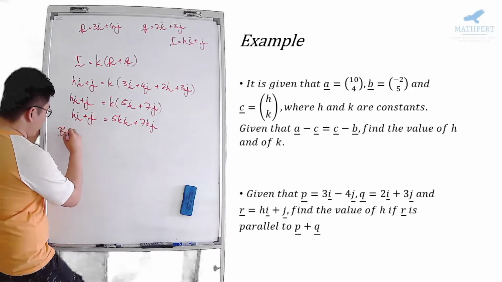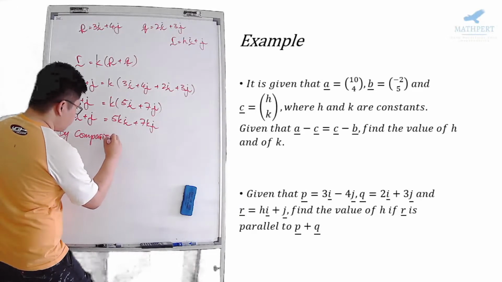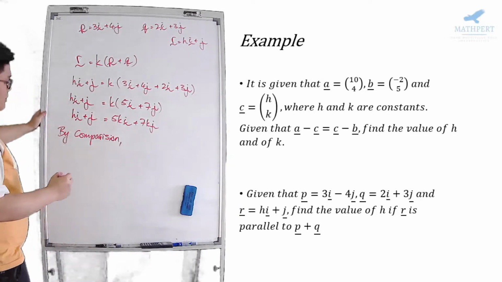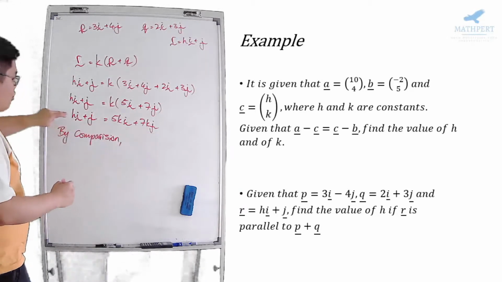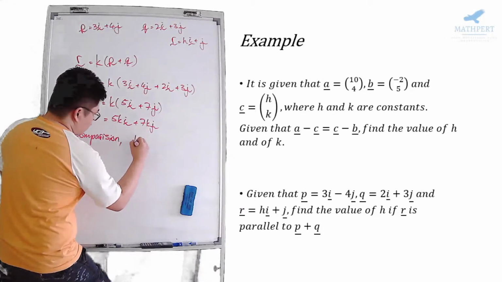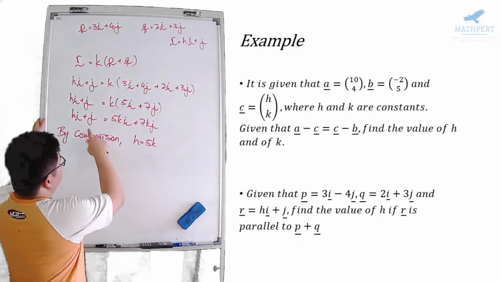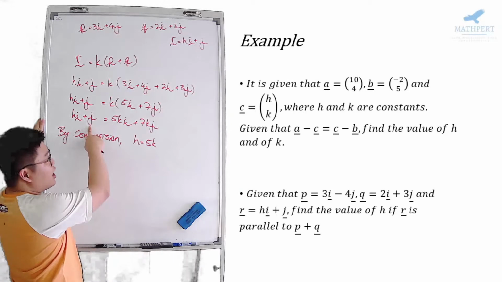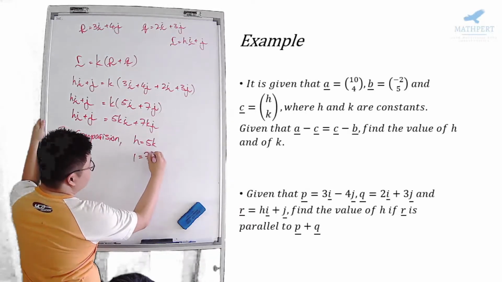By comparison, let's compare i and i, j and j. So h is equal to 5k. Another one is only j, so 1 is equal to 7k.